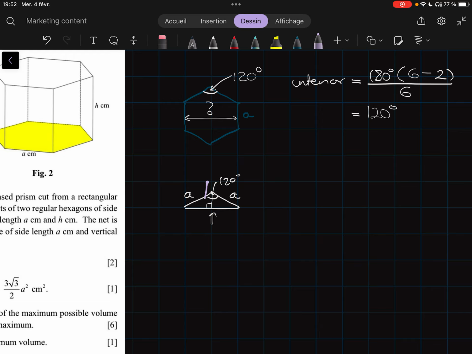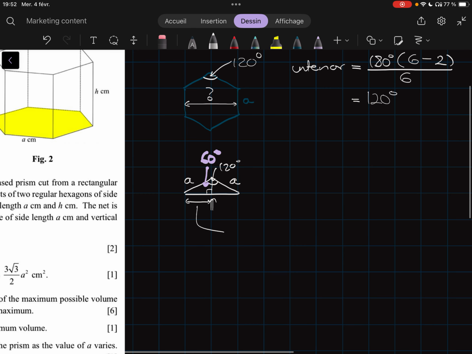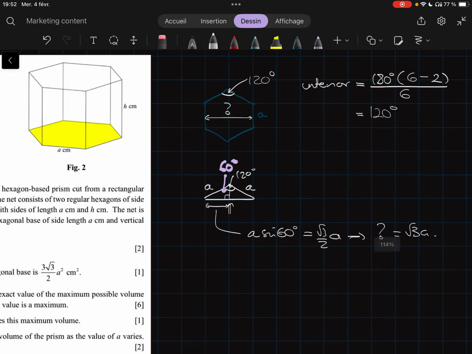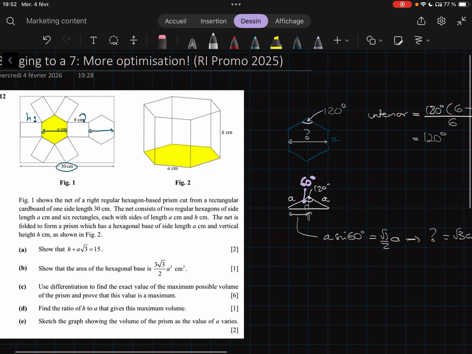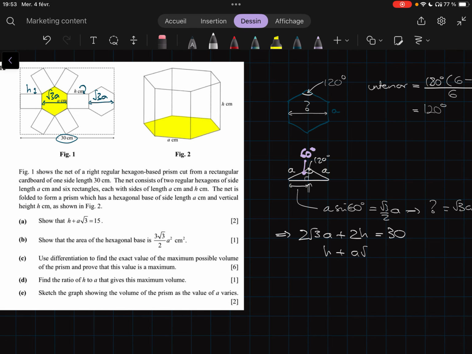This angle will now be 60 degrees, and this tiny piece over here is going to be A sine 60, or root 3 by 2 A. Thus, the entire length is going to be root 3 of A. So we know that this length is root 3 of A, this length is root 3 of A. We can form the equation that 2 root 3 A plus 2h is equal to 30. Or in other words, h plus A root 3 is equal to 15.